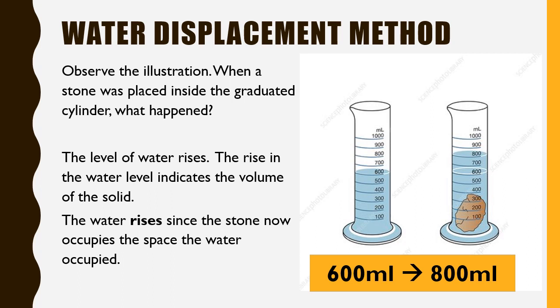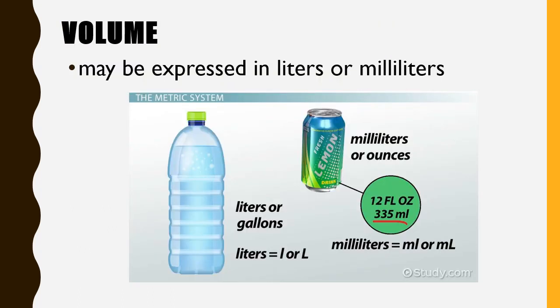Very good. The level of water rises. The rise in the water level indicates the volume of the solid. The water rises since the stone now occupies the space the water occupied. Volume may be expressed in liters or milliliters.